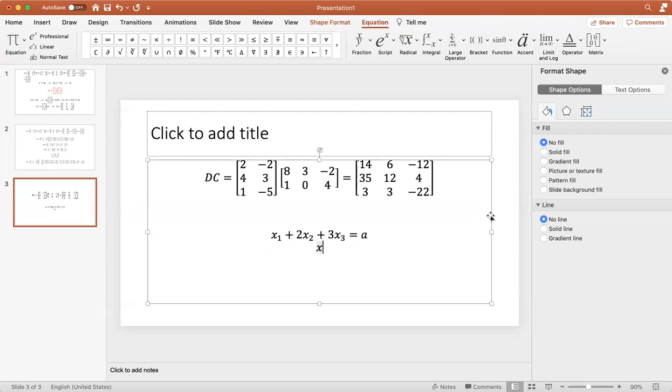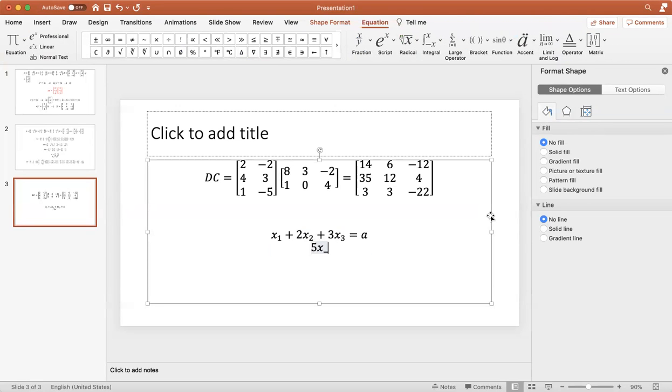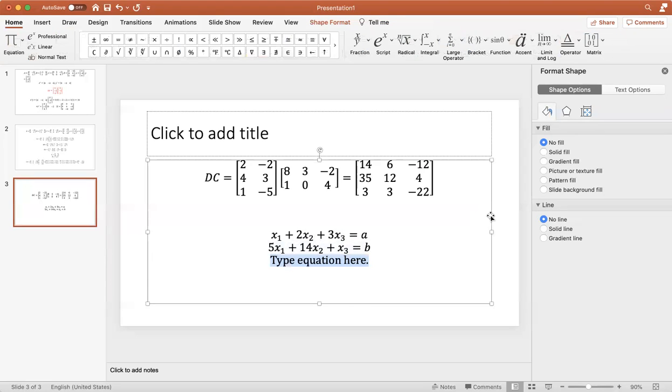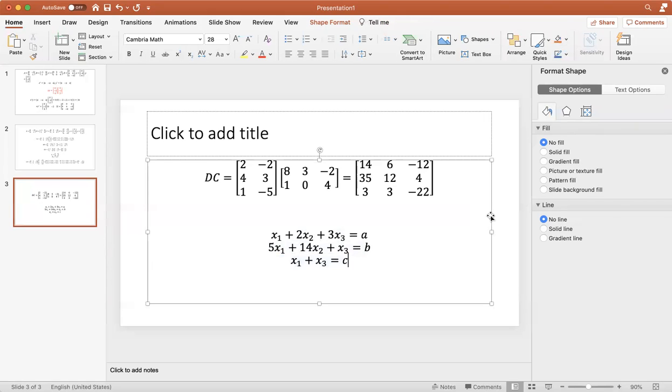And then suppose you have another here, which is 5x1 plus 14x2 plus x3 equals b, right? And then suppose you have x1 plus x3 equals c.